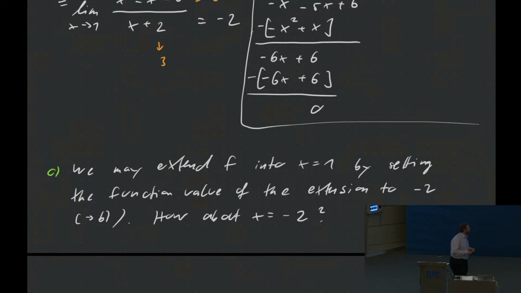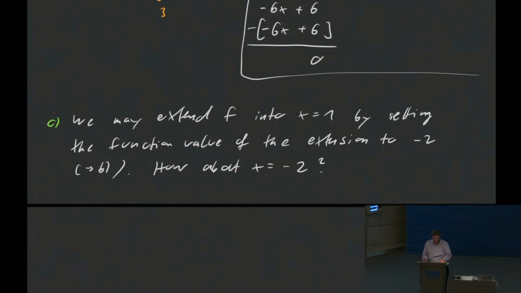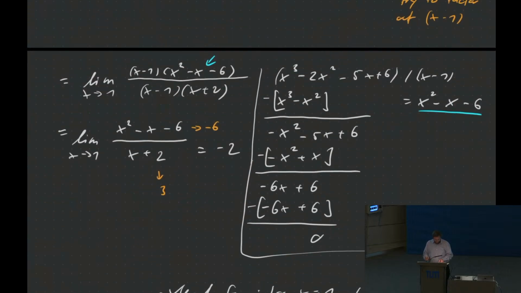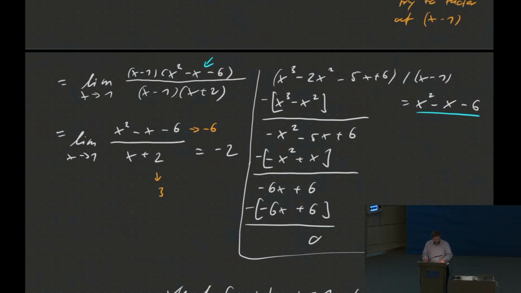And most of you apparently think this will work. Well, what do we have to do? Well, same thing we just did. See if we can compute the limit. So now we need the limit of f of x as x tends to minus 2. And of course, we can use the simplified version that we had right here.